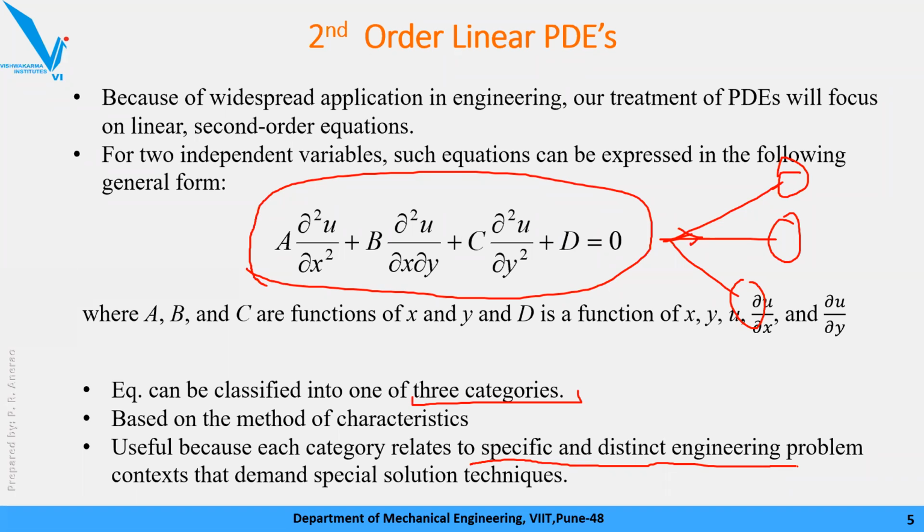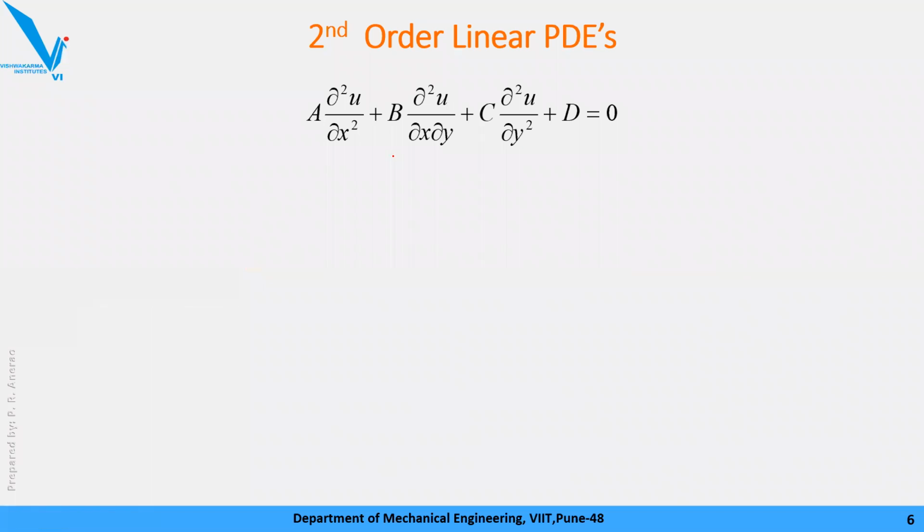Only by implementing that method can you solve that type of problem. Now the first thing, we will look at how we can characterize or categorize this equation. So assume this is our general form of a partial differential equation, linear and of second order.